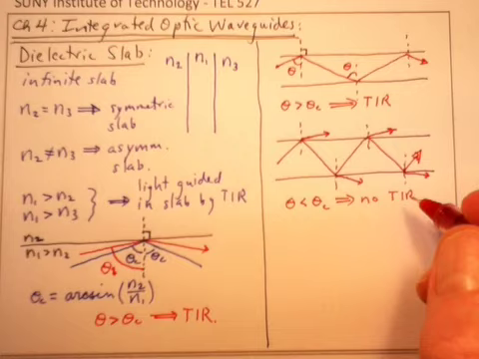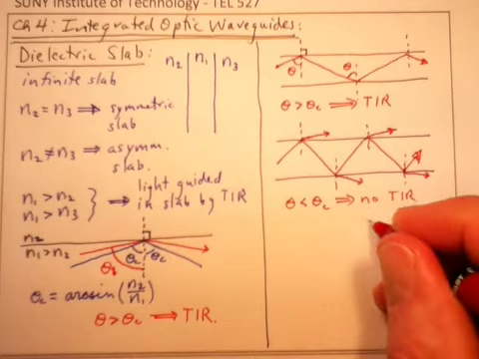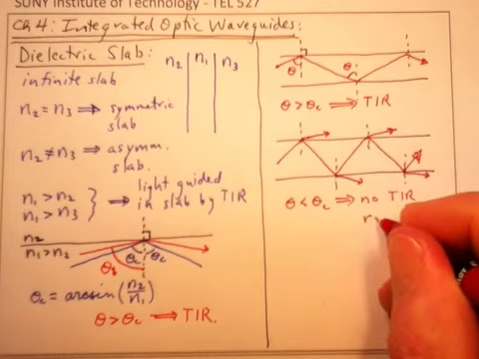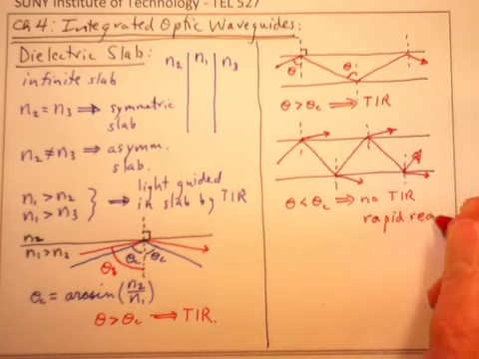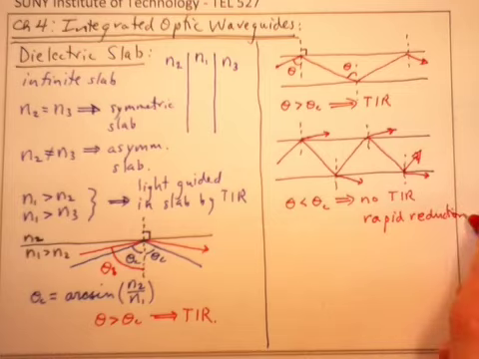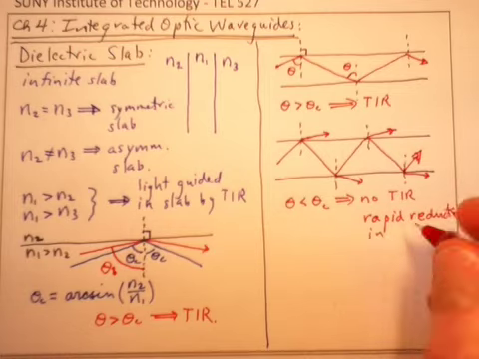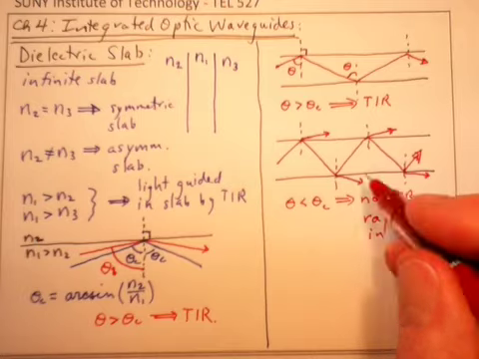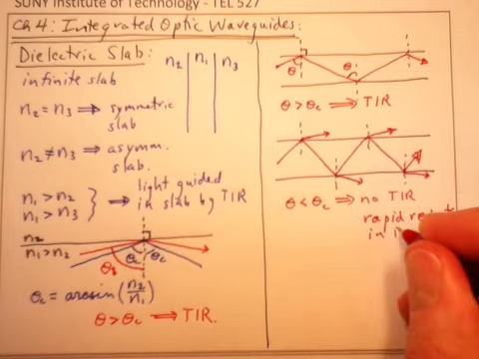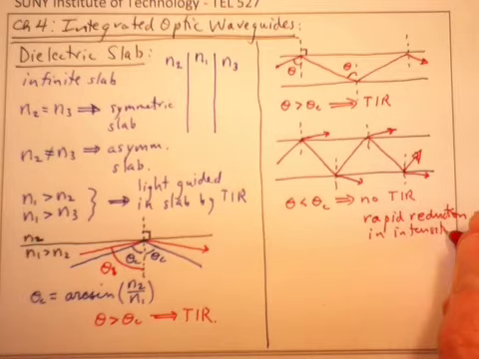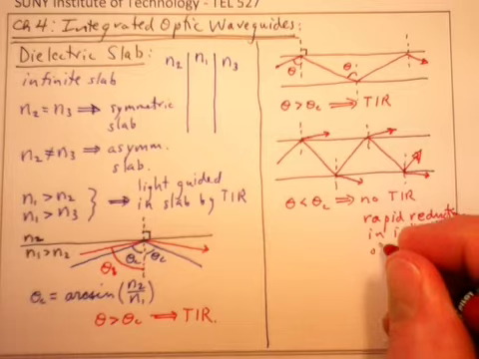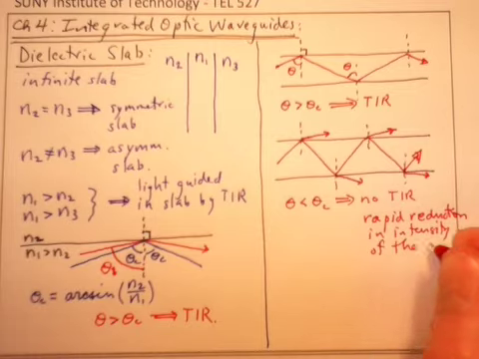and that energy is lost, so there's a rapid reduction in the intensity of the ray.